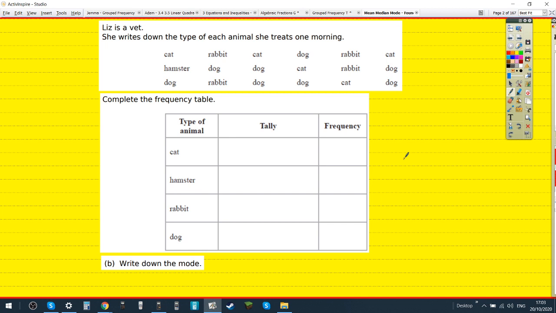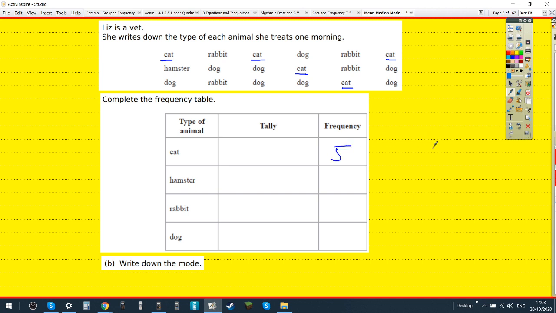Okay, let's try this one. How do we go about this? You have to make your own frequency table. Okay. So, looks like there are 5 cats.